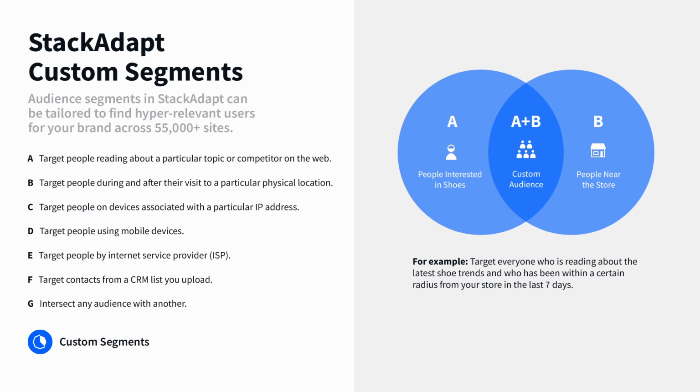Another option within custom segments, you can see them all listed here on the left, would be targeting people based off of their internet service provider. This is a really good one, I think, if you are advertising for a specific telecom company, and you want to target people that are on a competitor service, people you'd love to gather users from.